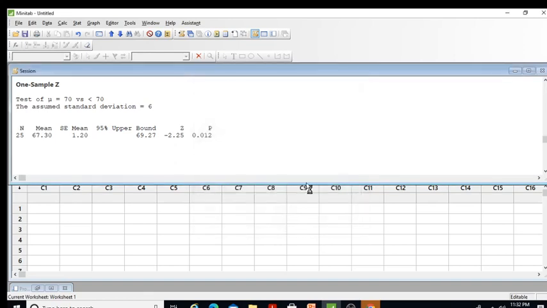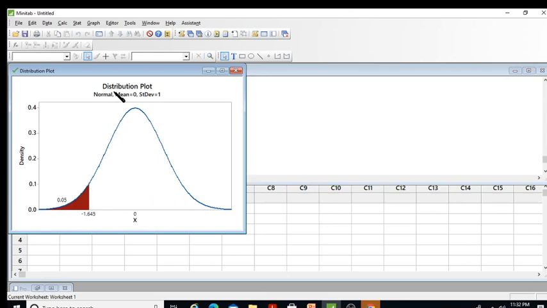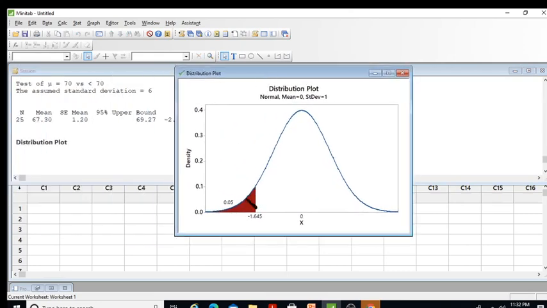You can easily find that where the area is 0.05, the Z critical value is minus 1.645, and our test statistic suggests the Z value is minus 2.25. So it means it is in the rejection region. So you can reject your null hypothesis in favor of the alternative hypothesis, and you can visualize the probability distribution as well. Okay, we stop this lecture.